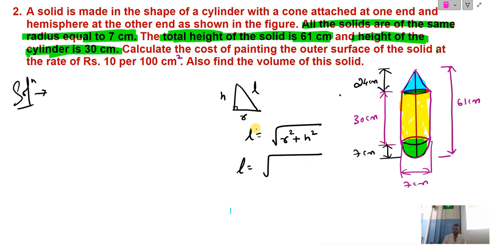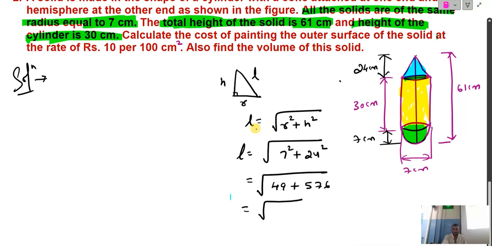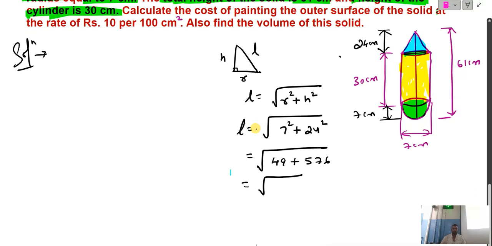So l is equal to root of 7 square plus 24 square, which is root of 49 plus 576. 24 into 24 is 576. Now, 576 plus 49 is 625. What is root of 625? It's 25. So we got the slant height as 25 centimeter.